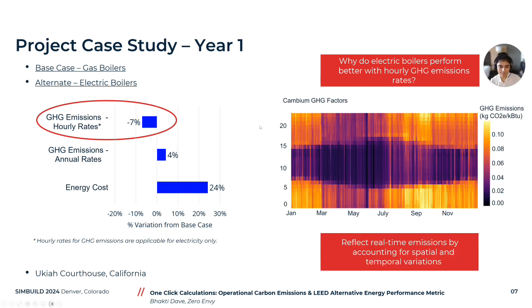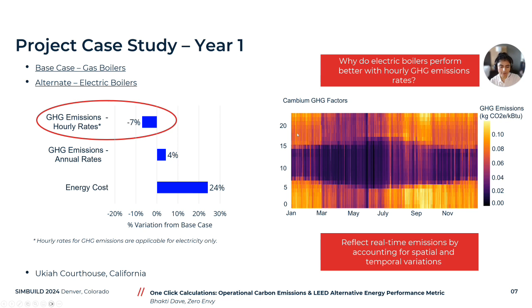So why is that? This heat map here illustrates 8760 data points, with y-axis representing each hour of the day and x-axis representing each day of the year, although only months are labeled. The colors represent the greenhouse gas emission rates, with purple indicating the lowest emission rate and yellow indicating the highest emission rate.